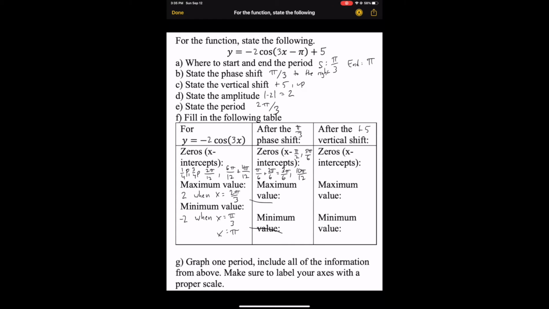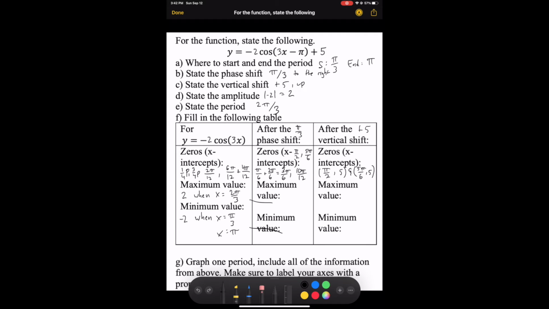So the zeros, all we're being asked to do here is to follow the zeros. So that's pi over 2, comma 5, and 5 pi over 6, comma 5. Okay, and the max value, the x does not change.